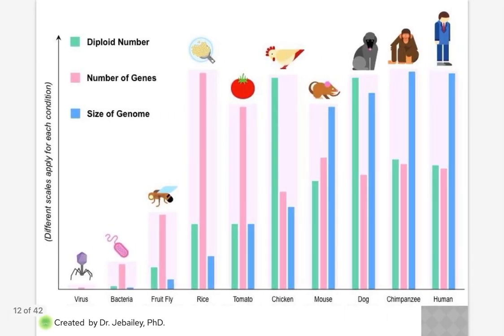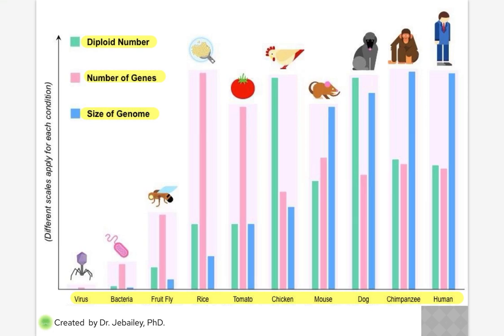So this photo came from BioNinja, and here it's showing different types of species at the bottom. In blue we have the size of the genome, which means the A, T, C, and G, and the number of genes. For example, in humans there are about 25,000 genes, and the diploid number basically means the amount of chromosomes they have. Now, look at the interesting part about the amount of genes.